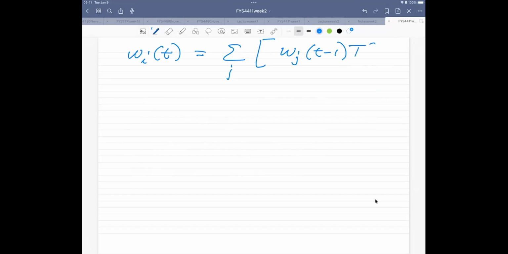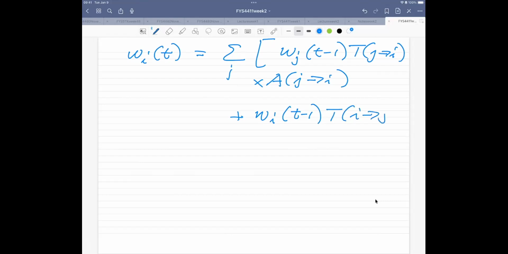And then I'm making a transition from j to i, all the possible states I am, multiplied with A of j to i. But then I'm adding to this one the probability of being in i at t minus 1, multiplied with the probability of going from i to j, but this is now multiplied with the probability of rejecting that move, which is simply 1 minus A of i to j, and it should have another parenthesis here.